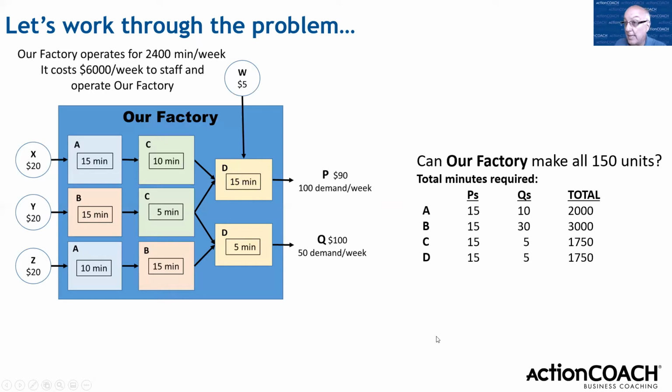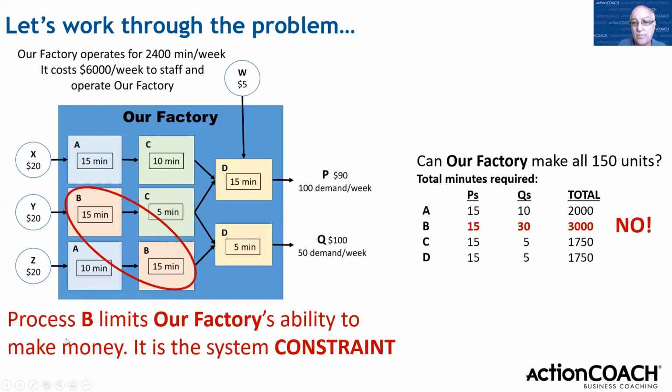So if we look at it, we've got 2,400 minutes in our factory. That means, oh, we got a problem at processing center B. There is not enough time. We have the need for 600 more minutes than we actually have. So we can say process B limits our factory's ability to make money. It's the system's constraint. Right.